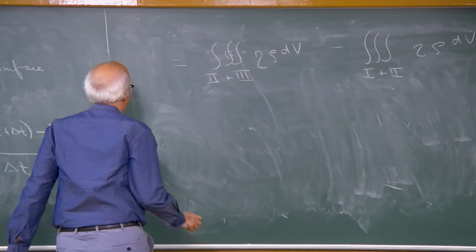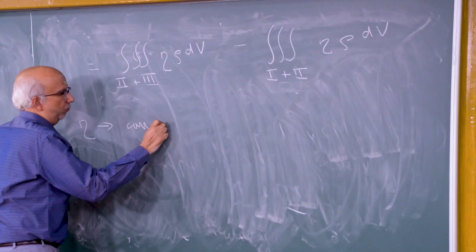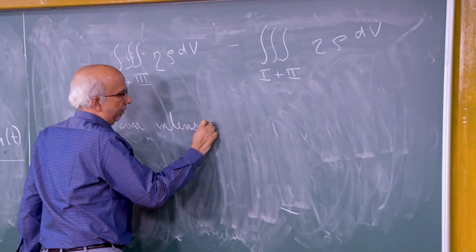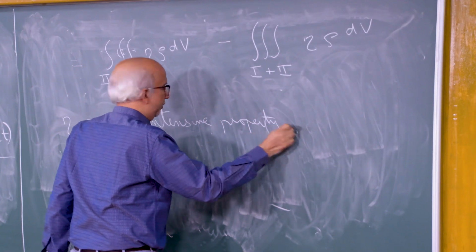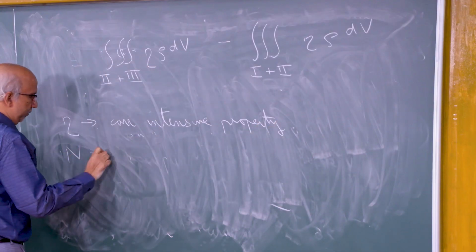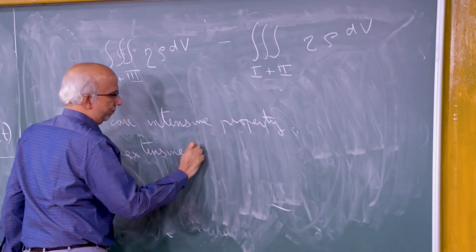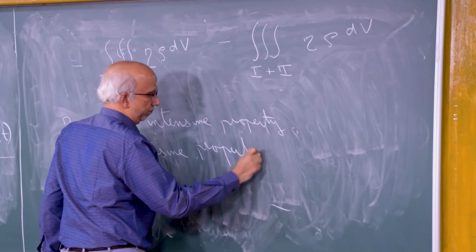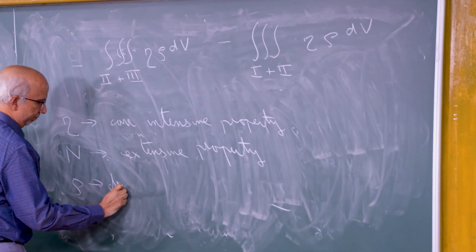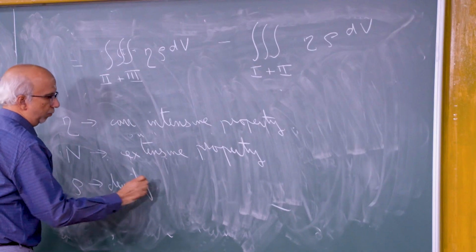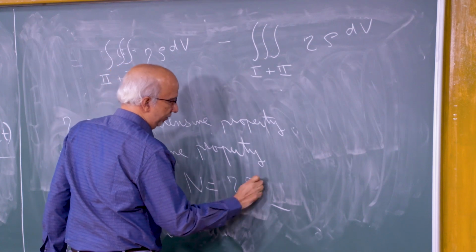I will just tell you what is eta. Eta is the corresponding intensive property, N is the extensive property, rho dV, rho is density. So remember N is like eta rho dV, or dN.